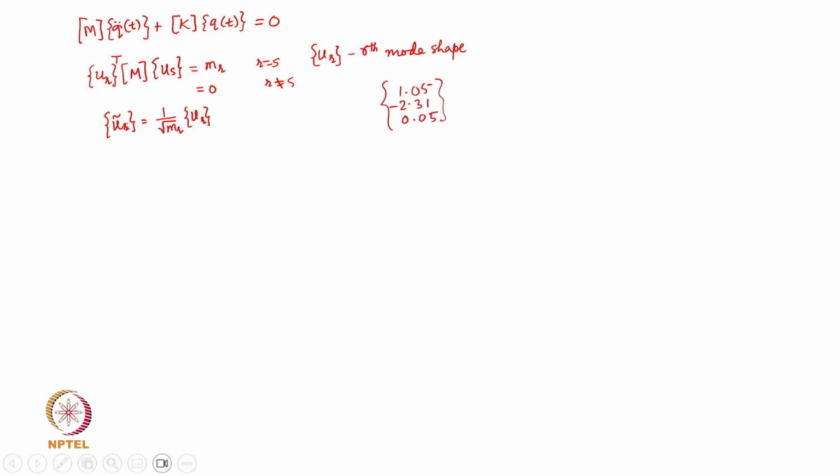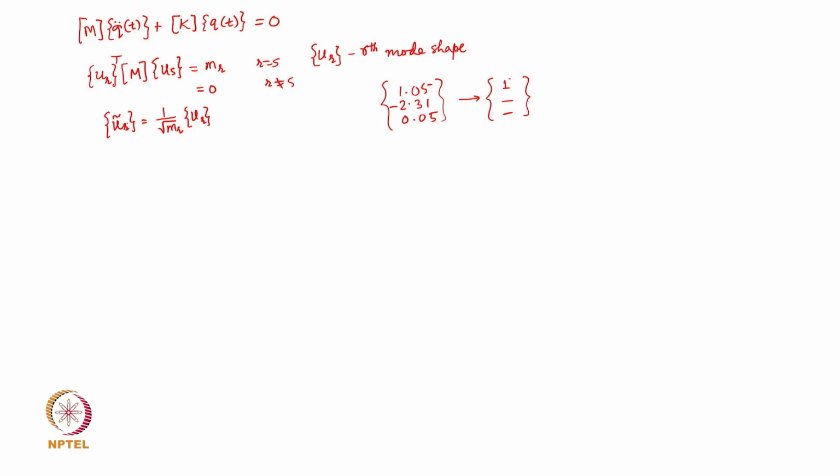It is standard practice to normalize this with respect to the displacement of one of the degrees of freedom, so I can keep this as 1 and get the other numbers normalized with respect to it, which makes more sense.